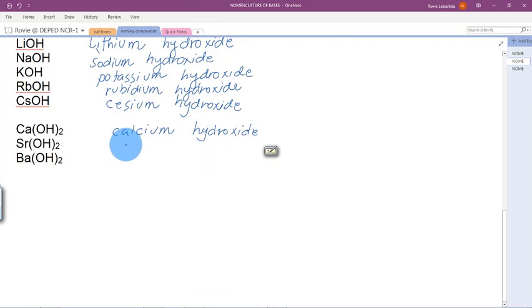The name for the metal Sr is strontium. And let's add the word hydroxide. Lastly, Ba(OH)2. What is the name of the metal Ba? That is barium. And add the word hydroxide.